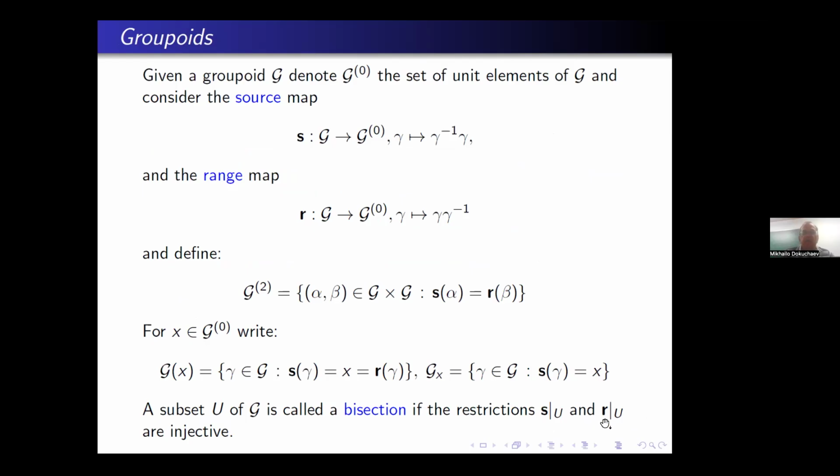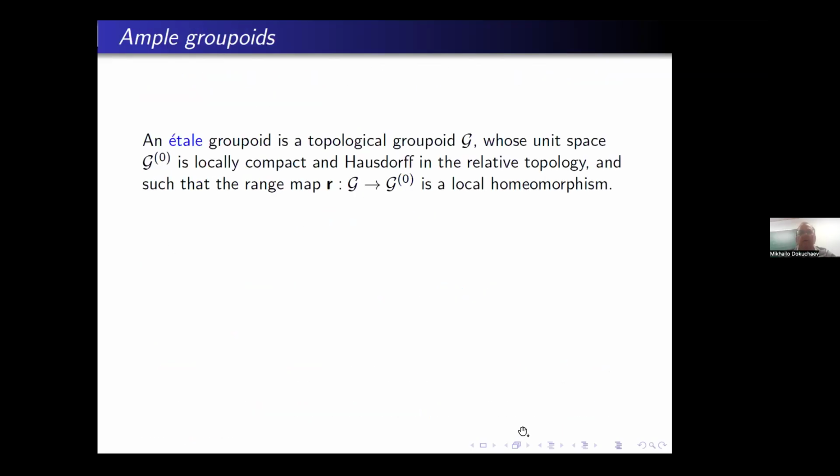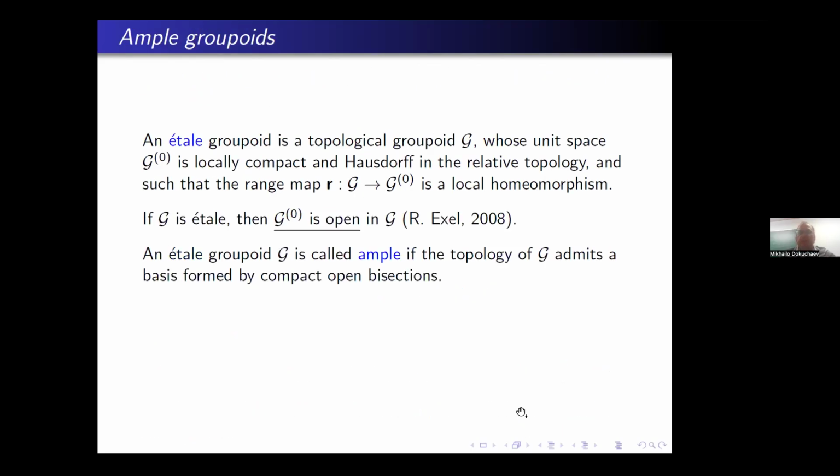So we can see bisections as arrows going in parallel. Two arrows may not have the same source, and two arrows are not allowed to have the same range.